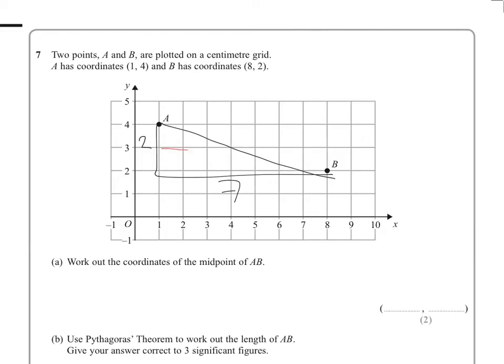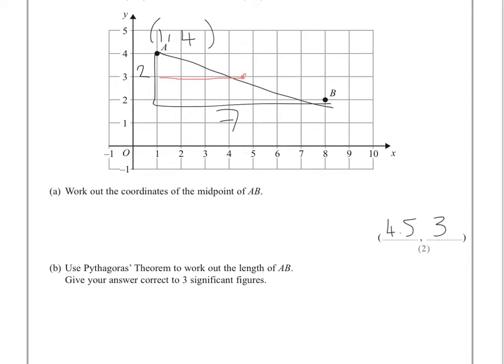So down 1, along 3.5. Obviously my straight line wasn't very good. So my new midpoint, well, from the point A with coordinates 1, 4, I've gone down 1, making my new y coordinate 3, and I've gone along 3.5, making my new x coordinate 4.5.